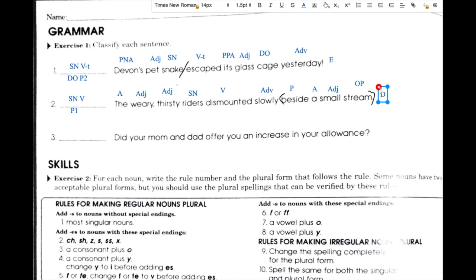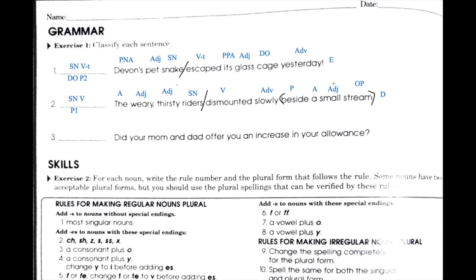So we have a D for declarative sentence. Let's go back to the verb, dismounted. Let's divide our complete subject, the weary, thirsty riders, from the rest of the sentence, which is the predicate: dismounted slowly beside a small stream. All right, we are done with that sentence.